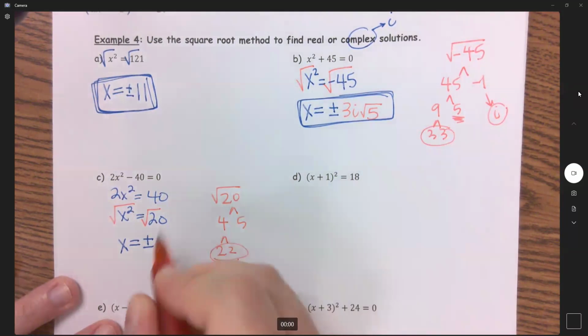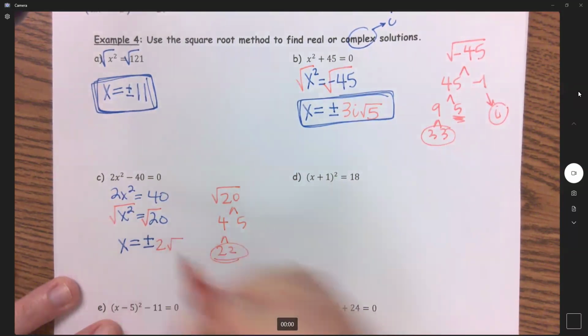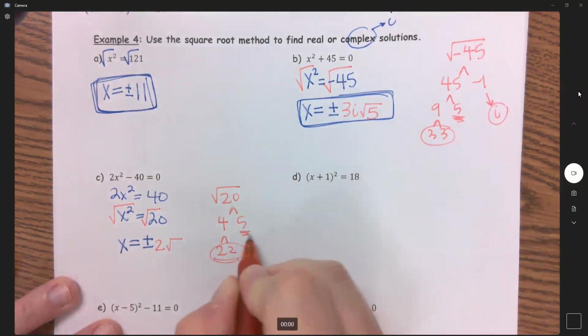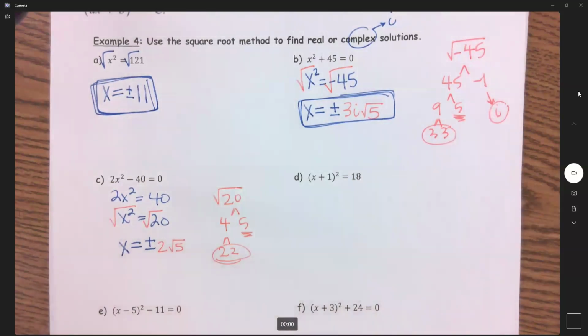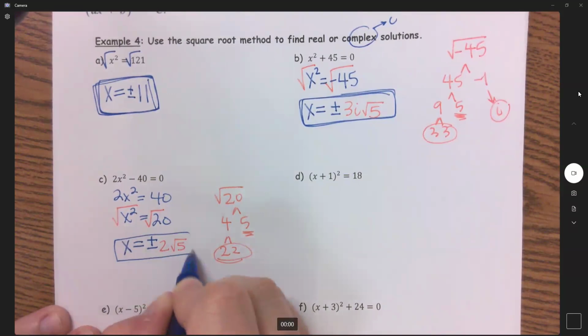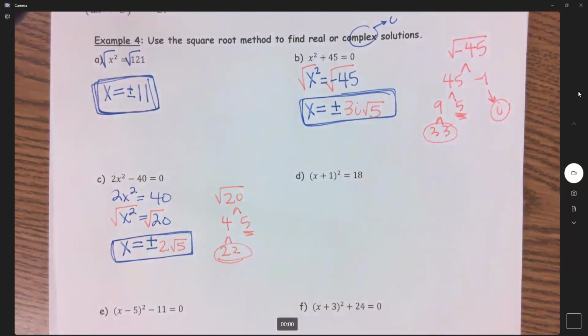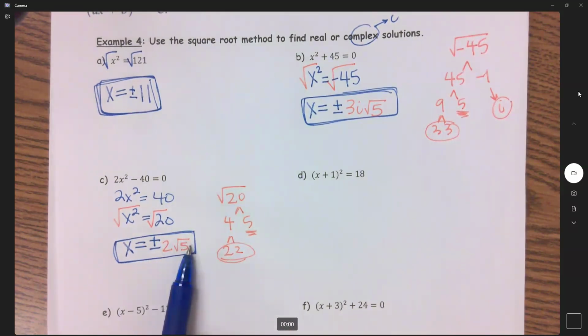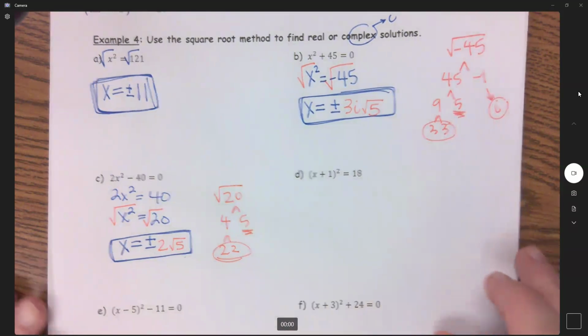So your 2's come out, and your lonely 5 stays inside. So you can graph this and then use your trace feature to see if 2 square root 5 and negative 2 square root 5 are your x-intercepts.